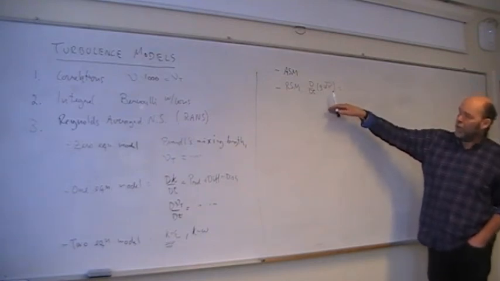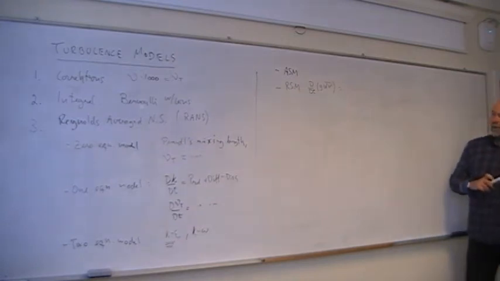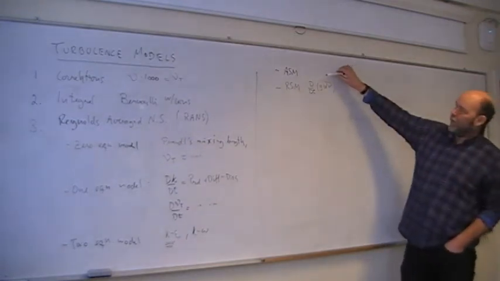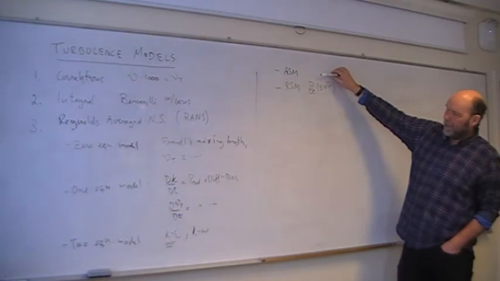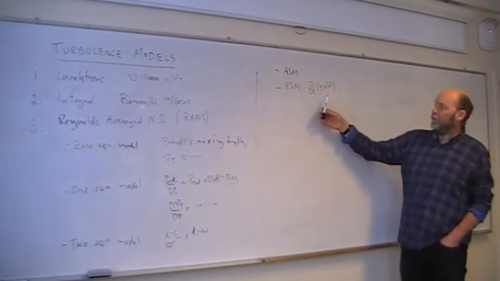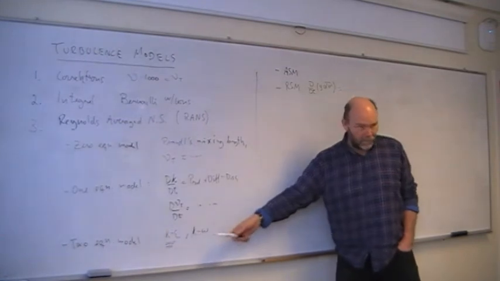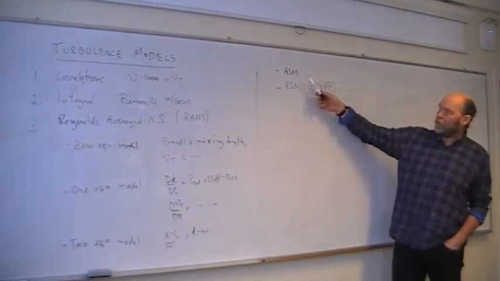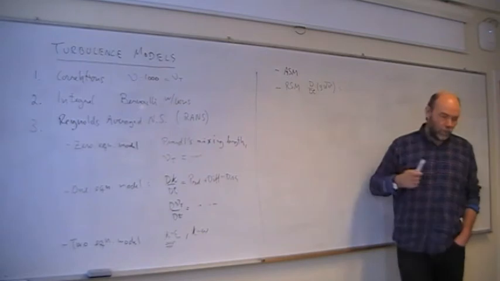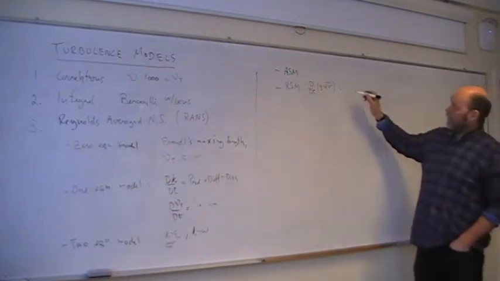You need one for each of these 6, plus a dissipation equation as well. The ASM, algebraic Reynolds stress model, is sort of an average between the K epsilon and the full RSM. So you solve first using K epsilon, then you use just algebraic equation systems to find the behavior for all these 6 unknown Reynolds stresses. So here, fairly advanced modeling.